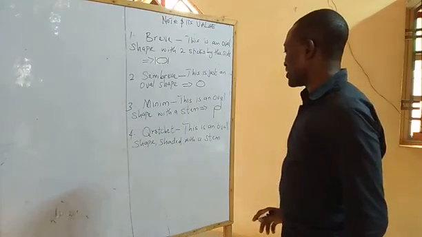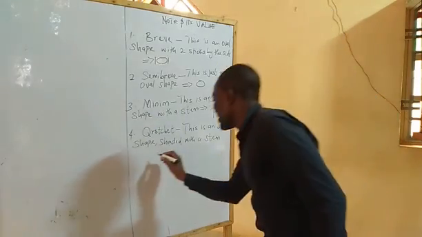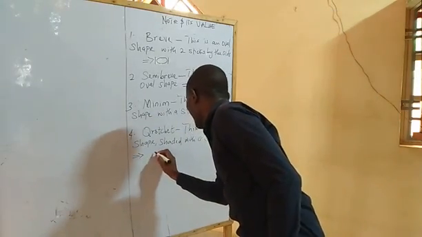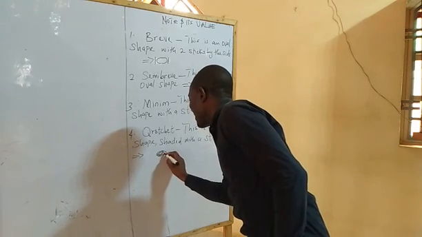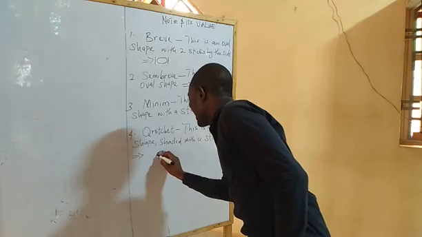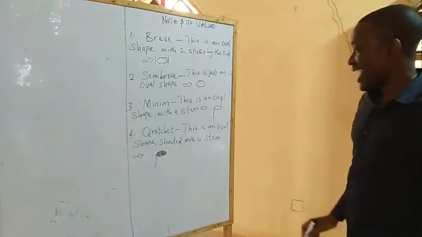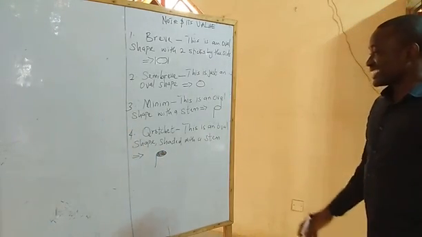This is an oval shape shaded with a stem, and this is how it looks. An oval shape shaded with a stem, and that is a crotchet.